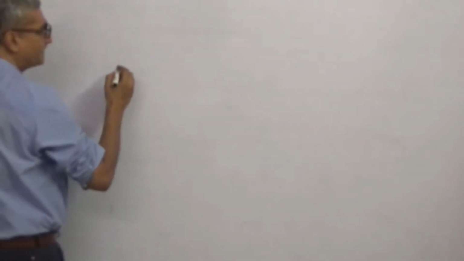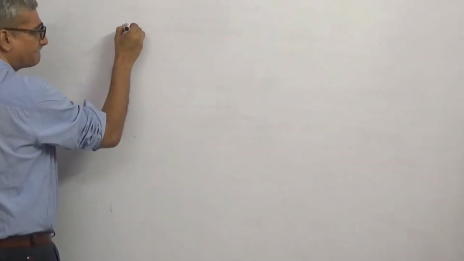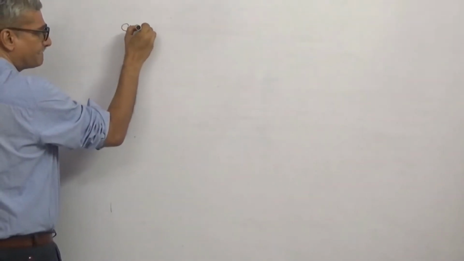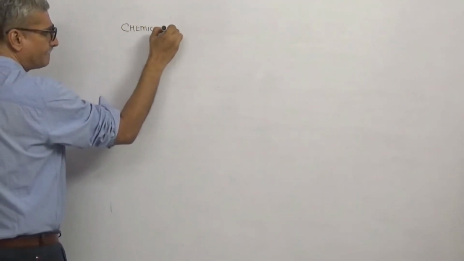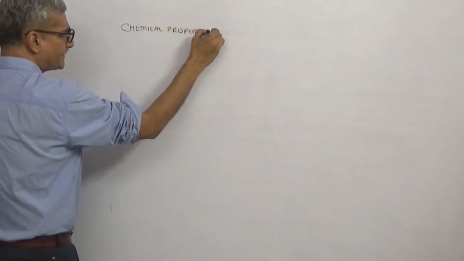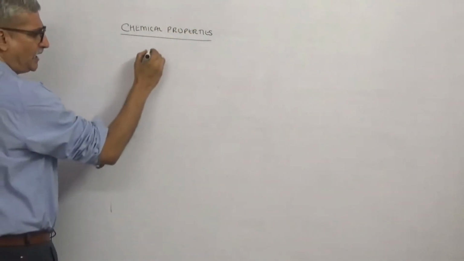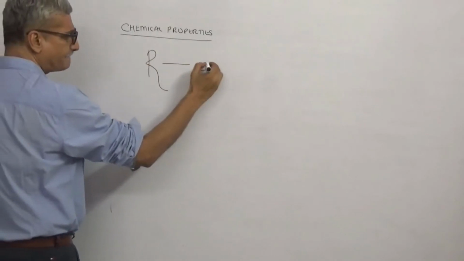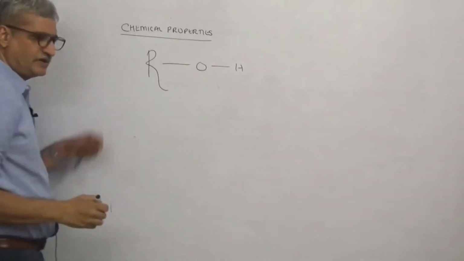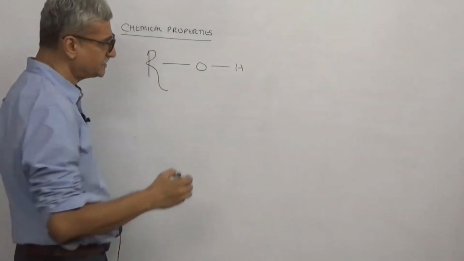Now, listen, we come to chemical properties. See, we have alcohol, ROH. When you have alcohol, ROH, there are two properties.